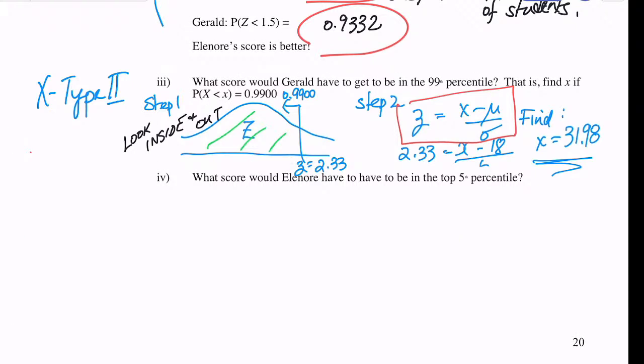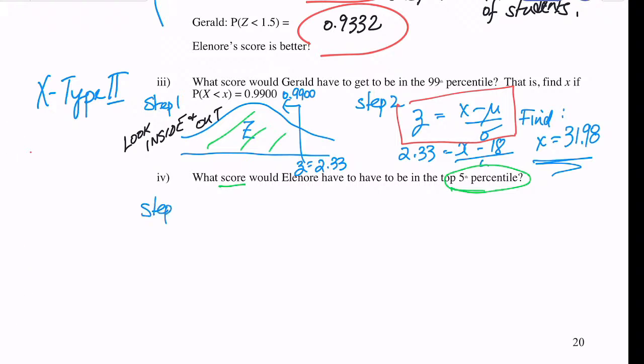What score would Elenore have to be in the top 5 percentile? Can you try that one? Again, let's begin with the first step. When I provide you a percentage and I ask you for a variable, in this case score, you're performing the backward problem.